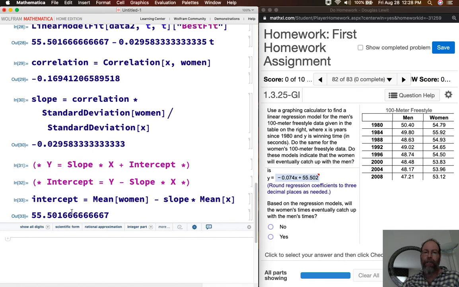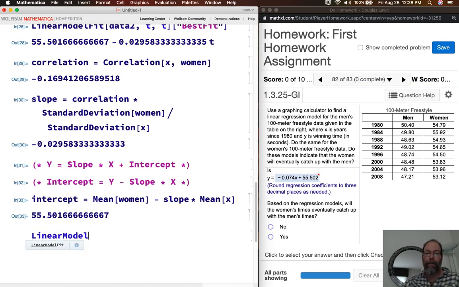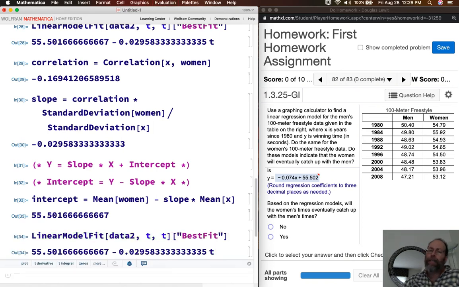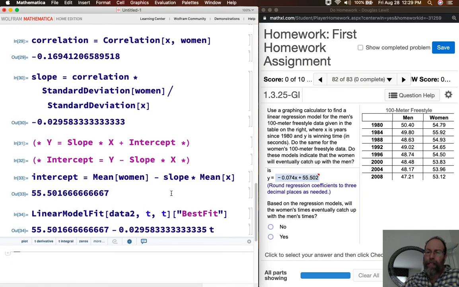Mathematica's answer is simply going to be LinearModelFit, data to TT, best fit. That's really the answer. Now, according to Pearson, my intercept is correct.